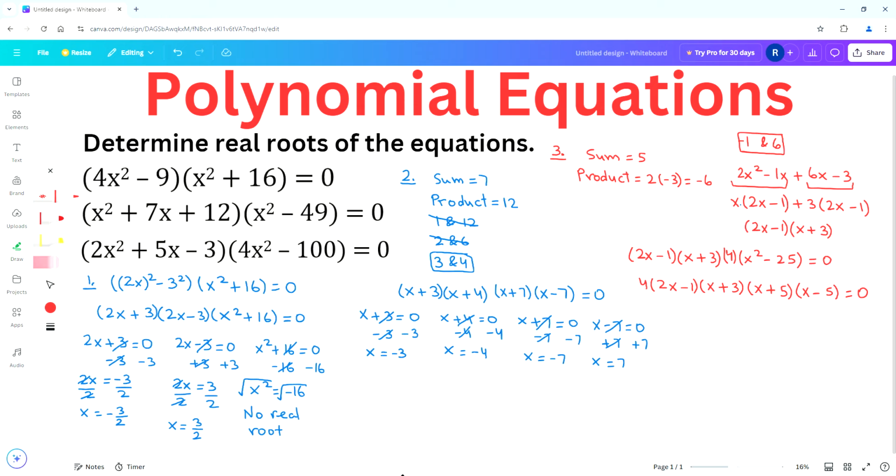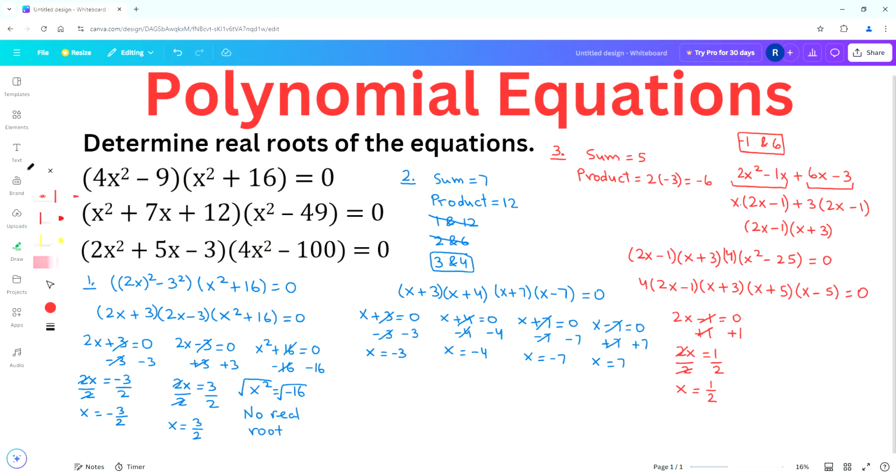Now we can find the real roots. We should set each of these factors equal to 0 and solve for x. Let's start with the first factor, 2x minus 1. The first real root we get is 1 over 2.